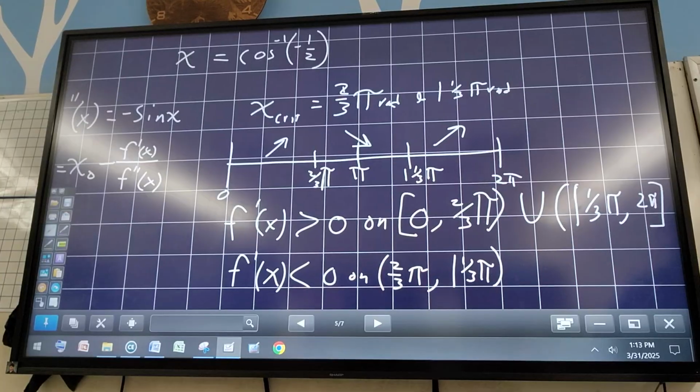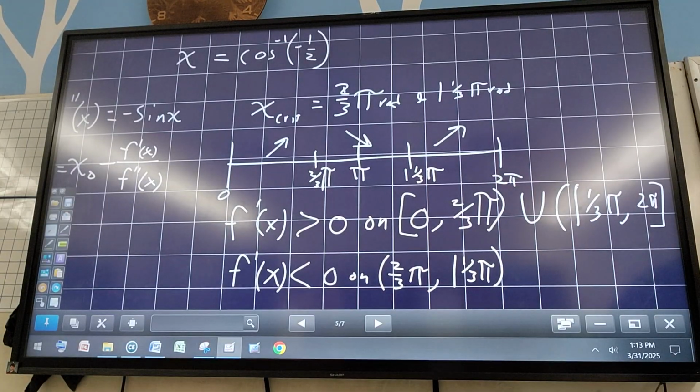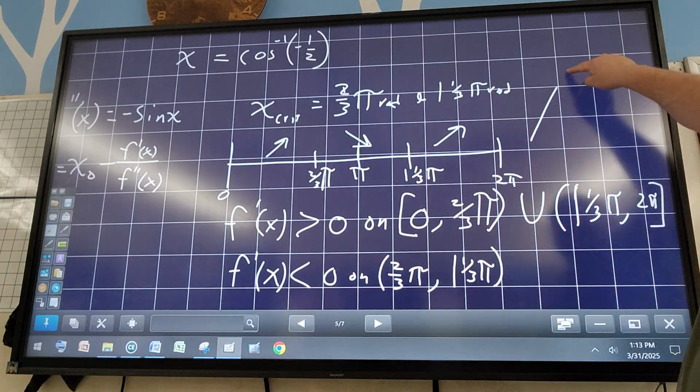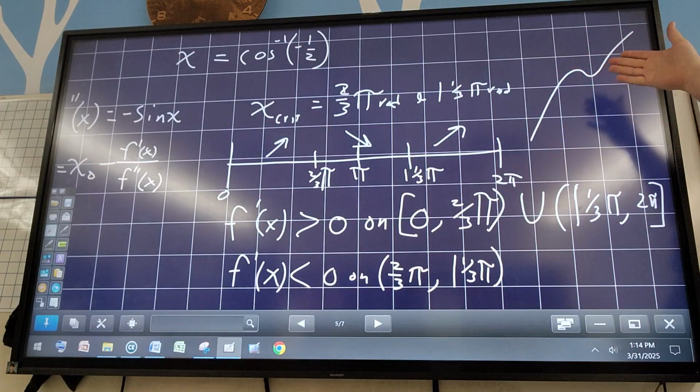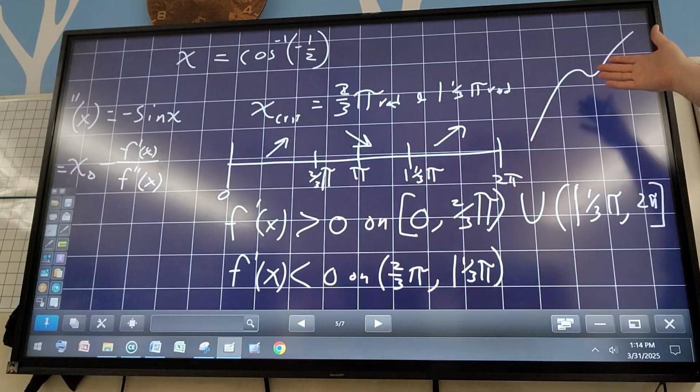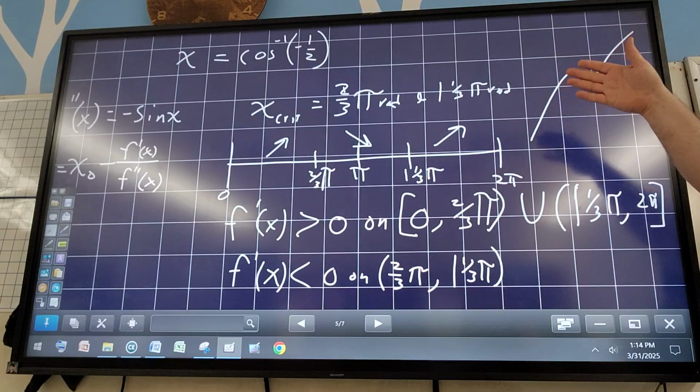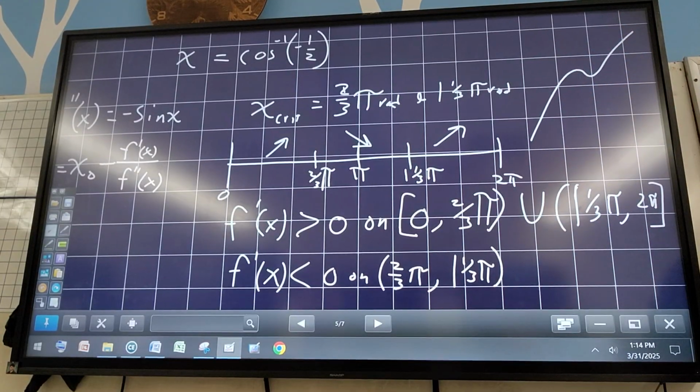So there are reasons to do this mathematically even when you can graph it, because some things don't show up very well in the graph. Like if you get a little something, but it's zoomed way out, it will not show up. So you have a maximum or minimum. Yeah, if you zoom out enough.